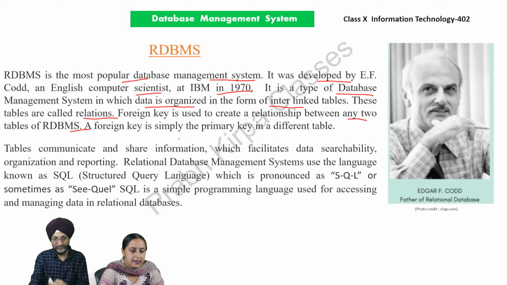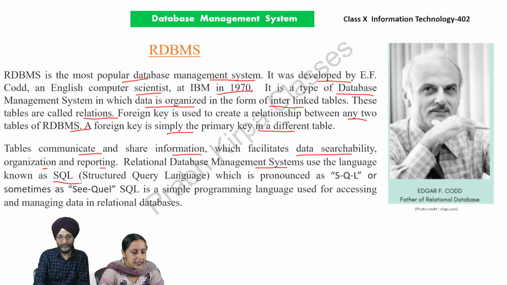A foreign key is simply the primary key in a different table. Tables communicate and share information, which facilitates data searchability, organization, and reporting. Relational database management systems use the language known as SQL, Structured Query Language, which is pronounced as S-Q-L or sometimes as sequel.